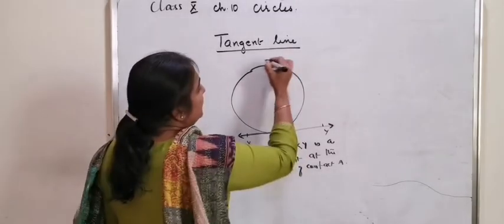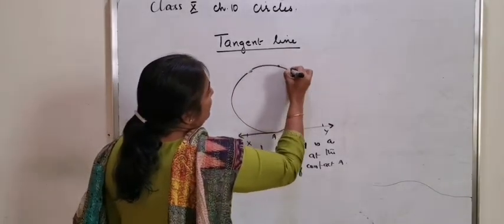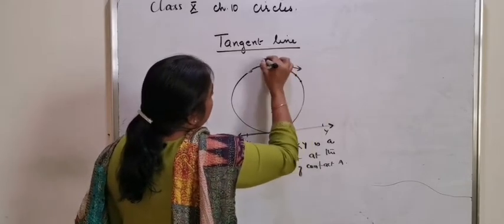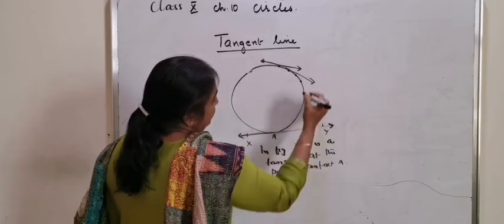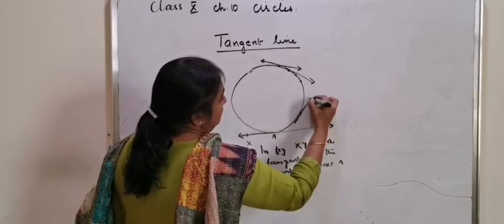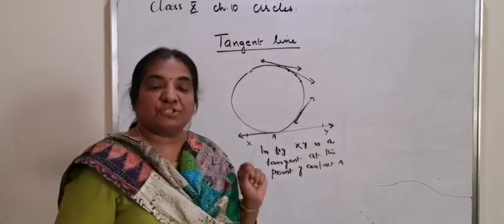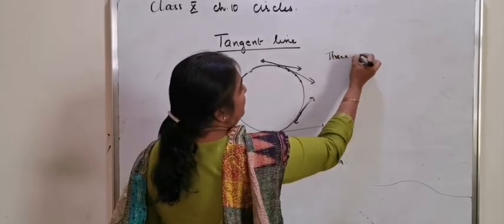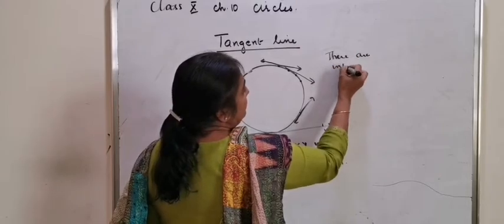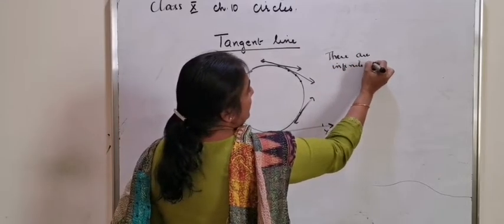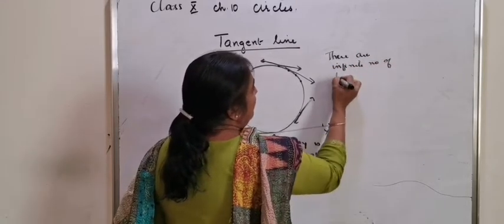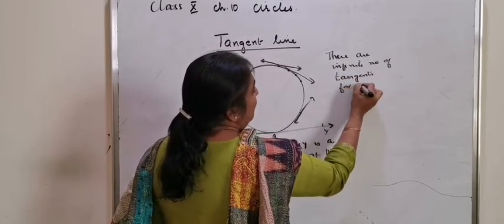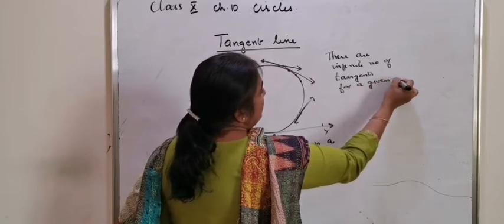Since a circle is made up of many points, at each point you can draw a tangent, which shows that there are infinite number of tangents for a given circle.